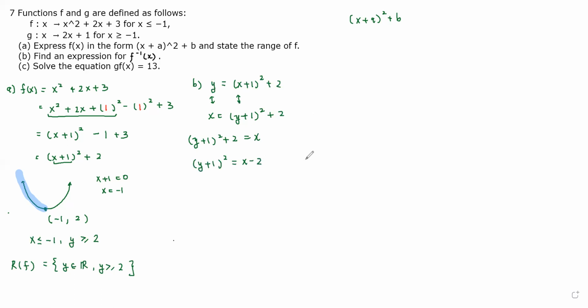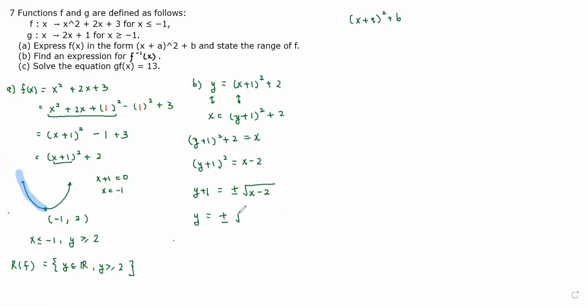And we need to take the square root now to eliminate the exponent. y + 1 is plus or minus the square root of x - 2. For intermediate steps, you must make sure that you have a plus or minus here, and we figure out which one we use later. Then move the 1 over.